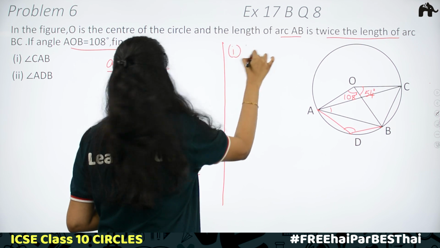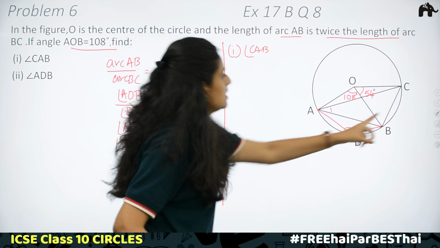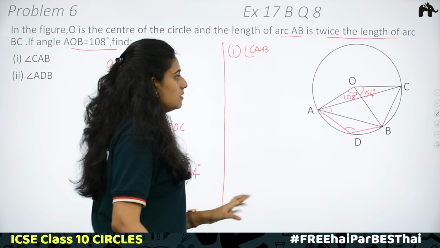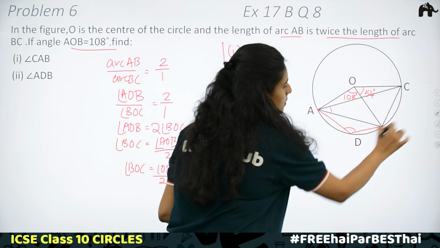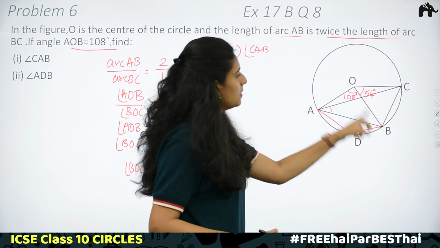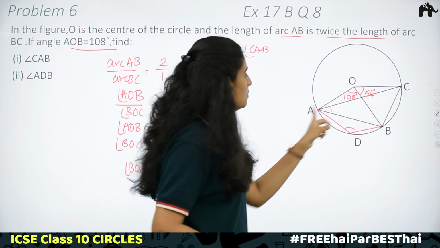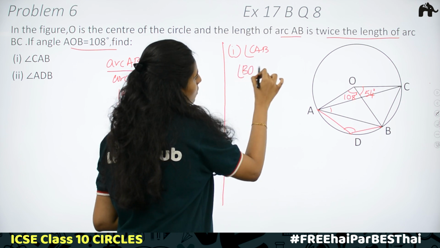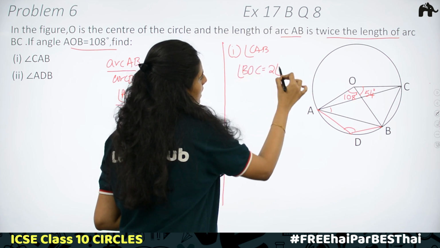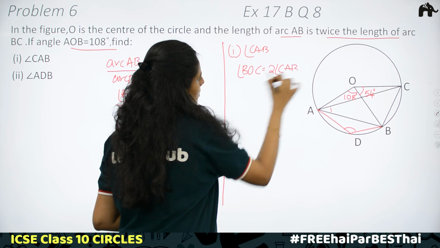The first part we have to find CAB. Is there any relation between BOC and CAB? When you consider this arc BC, BC subtends angle BOC at the center and BAC on the circumference of the circle. Therefore, angle BOC is equal to 2 times angle CAB.